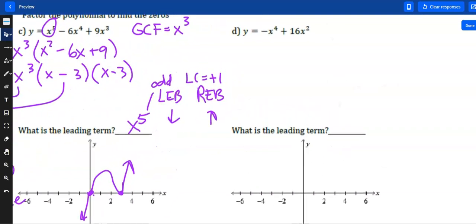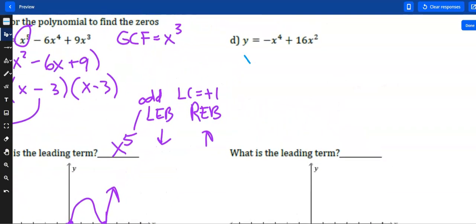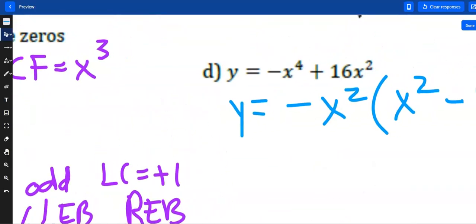Okay, so continuing on, we've got y equals, I am going to pull out a negative x squared out of this. So if I pull a negative x squared out, that leaves me with positive x squared and a minus 16. Folks, if you don't understand what I'm doing, I'm literally coming through here and dividing each one of those by negative x squared.